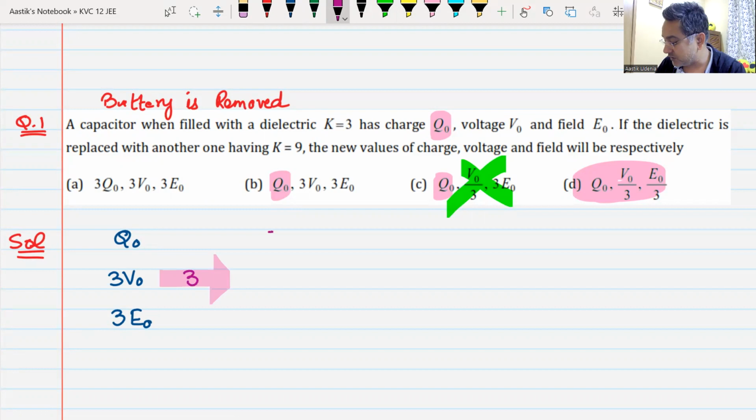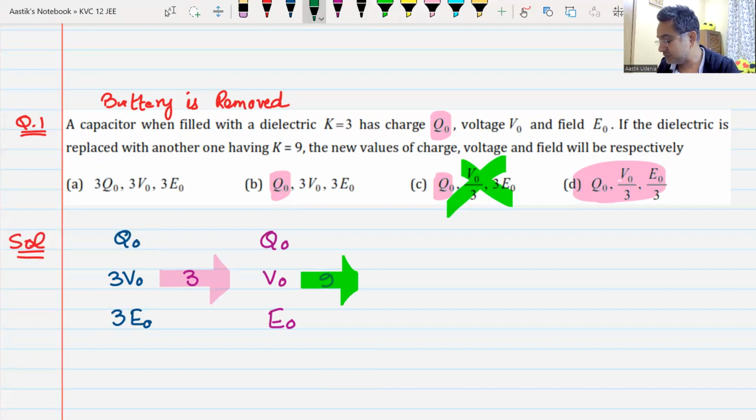When I fill in a dielectric constant 3, the new values become Q naught, V naught, and E naught, because the voltage gets divided by 3. Now, when I put in a dielectric constant 9, it will become how much?